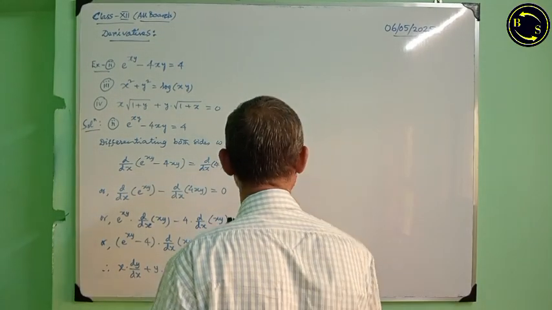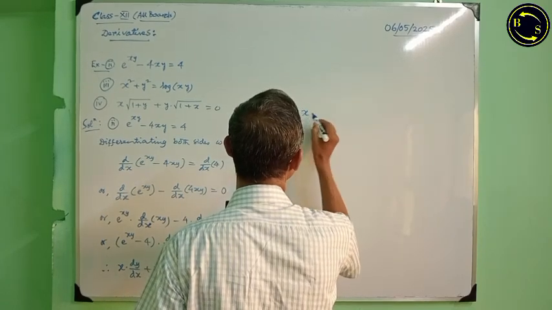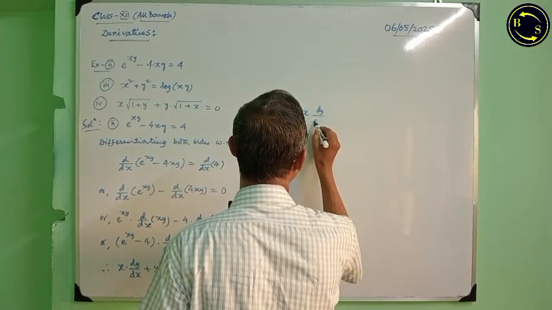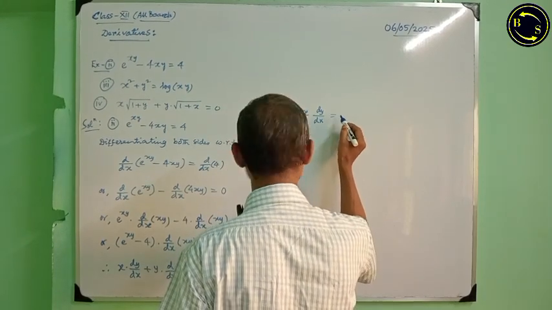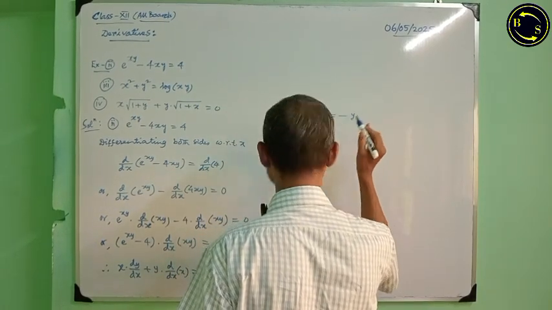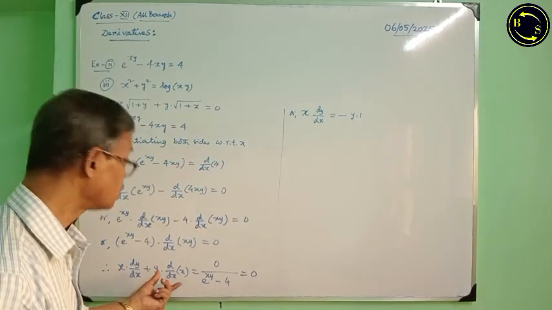After that, x dy/dx is equal to minus y into 1. I have taken this part on the right.